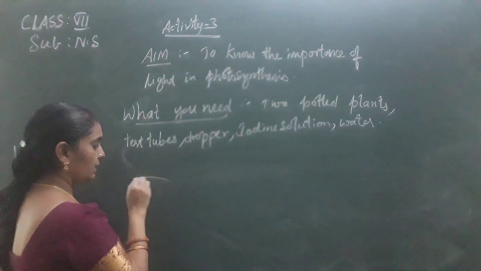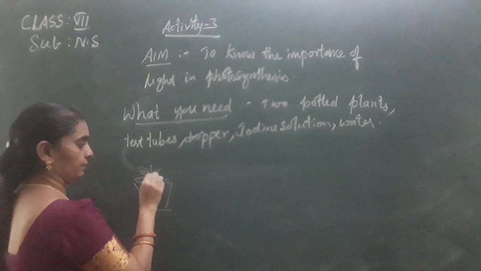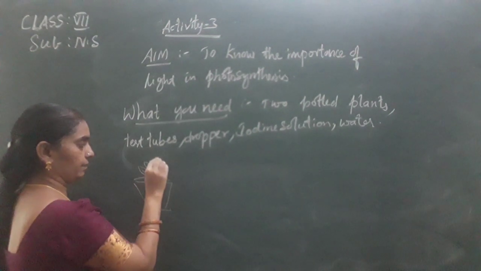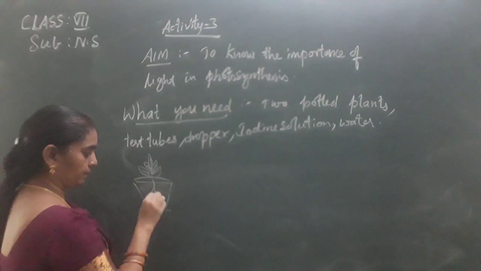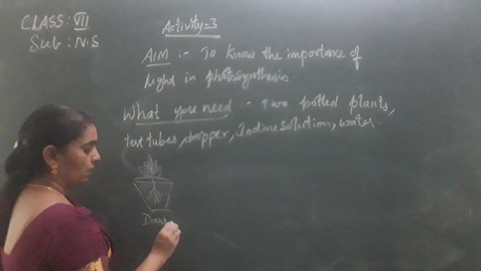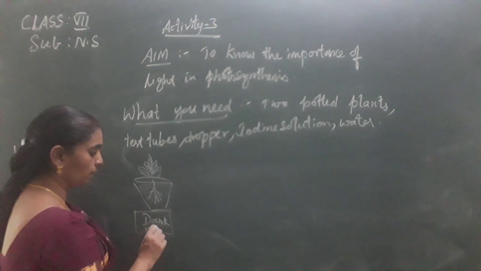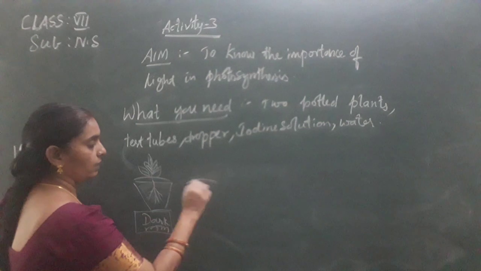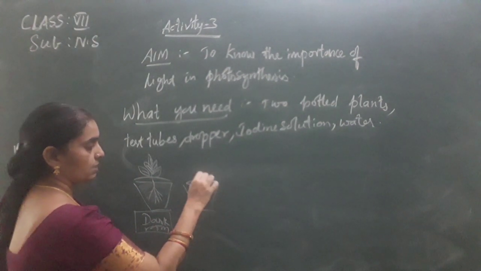So I explained, one potted plant is kept in a dark room or in any black box, and the other potted plant is kept in the sunlight.